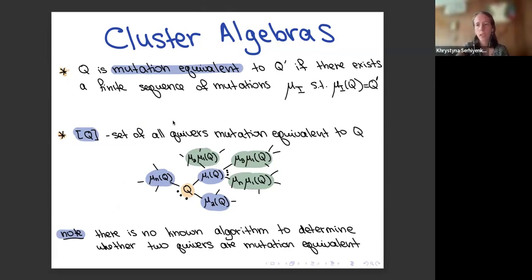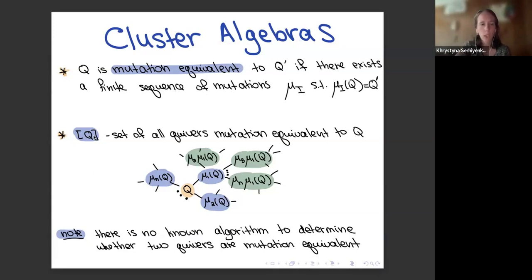And this is indeed an equivalence relation because the mutation operation undoes itself. You can undo it, so it's an equivalence relation. So sometimes we will care about quivers up to this mutation equivalence. And whenever we talk about sequences of mutations, we always have them finite. They can be arbitrarily long, but we only talk about finite sequences of mutations.